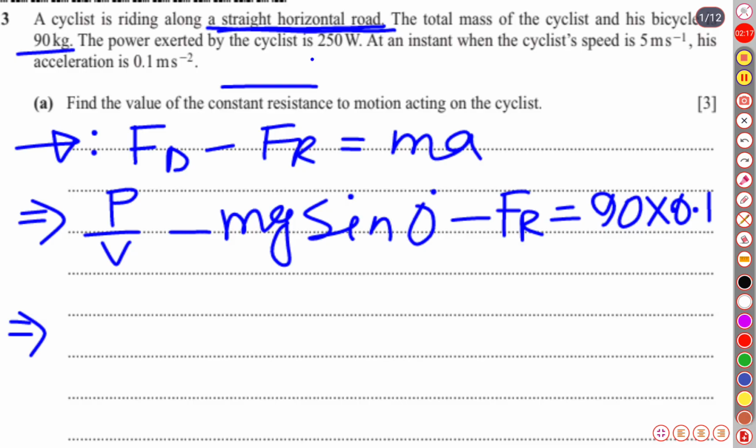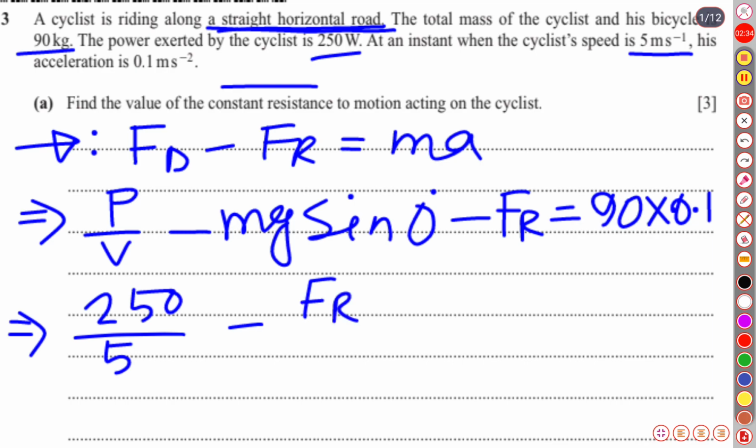Power is given as 250 watts, and velocity is also given as 5 meters per second. Since the angle is 0 degrees, sine 0 is 0, so the resistance force is equal to 90 into 0.1, that is nothing but 9.